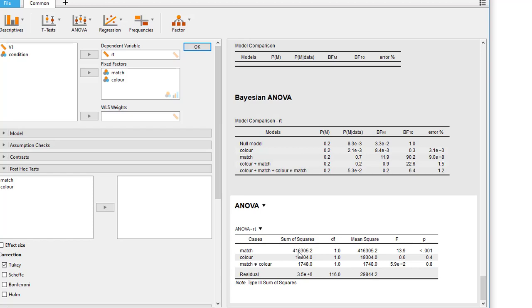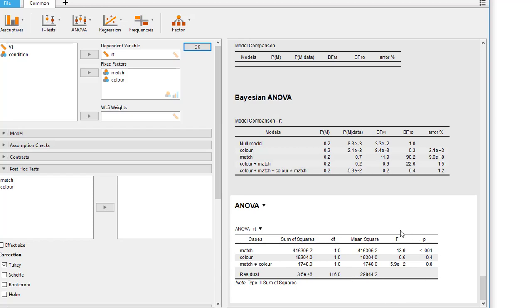Since the degrees of freedom is 1, the mean square equals the sum of squares, and the F-score is obtained as the ratio between the mean square of each of these effects and the mean square of the residuals.